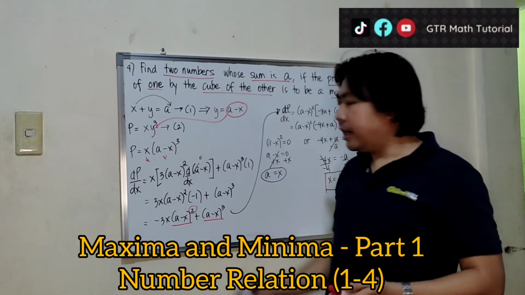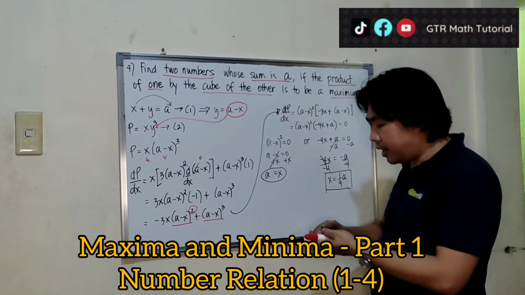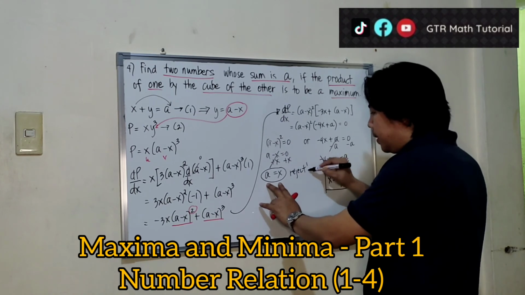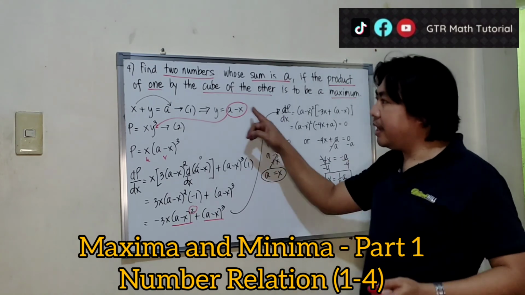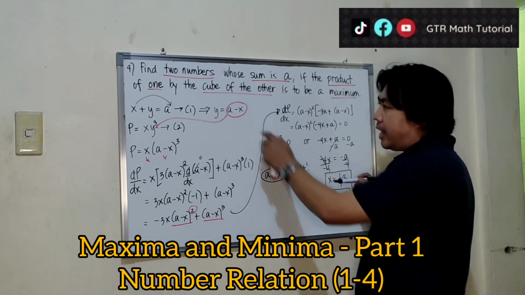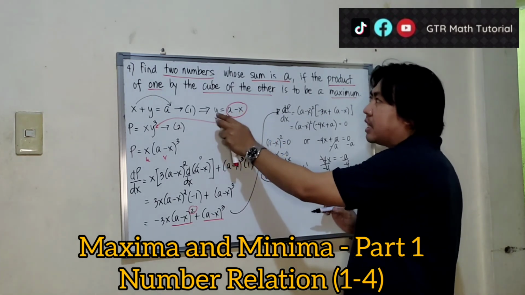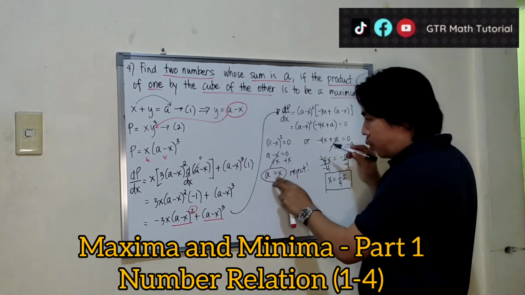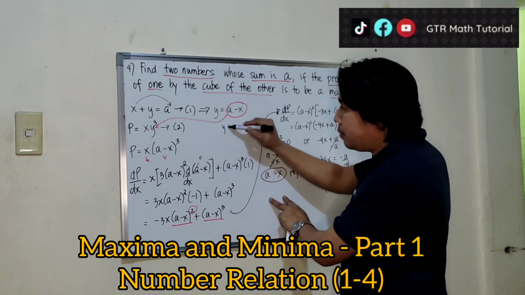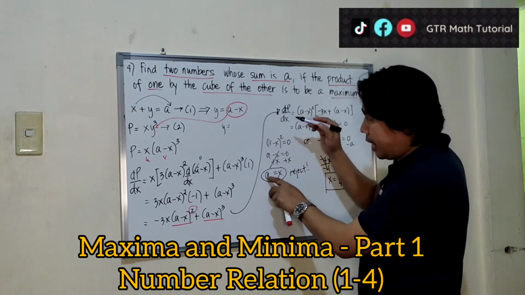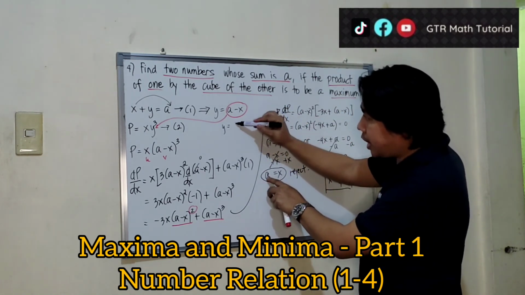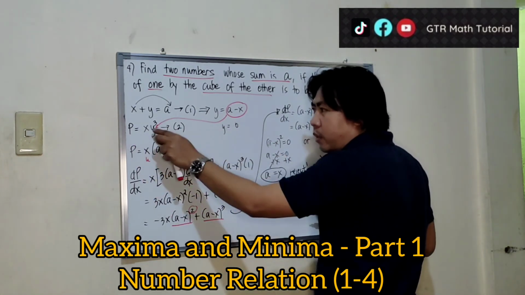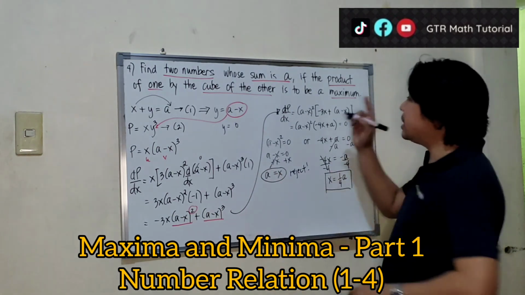But we have only one solution here. So we can reject this. Because when x equals a, then y will become a minus a, y will become 0, and when we substitute y equals 0, then the product will be 0.